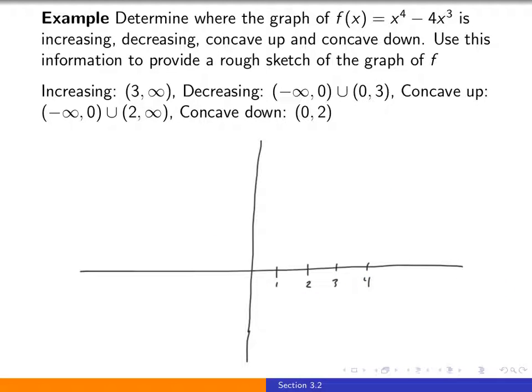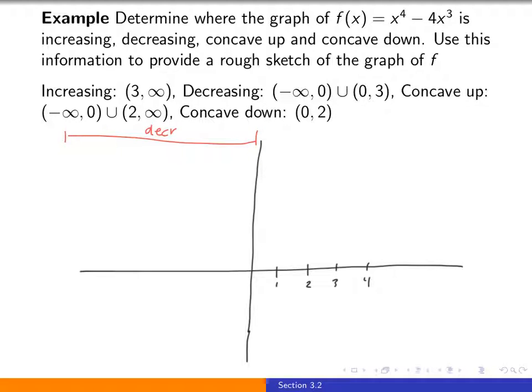Now, a common question, working towards this big picture type of problem, which is using calculus to sketch a graph, would be to take what we've learned, the intervals of increase, decrease, and concavity up and down, and use this to provide a rough sketch of the function. What we have learned, I've put all the information up here above, is our function is decreasing from -infinity to 0. I usually encode this above. So -infinity to 0, we are decreasing.